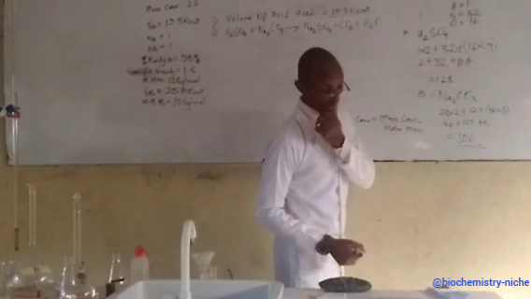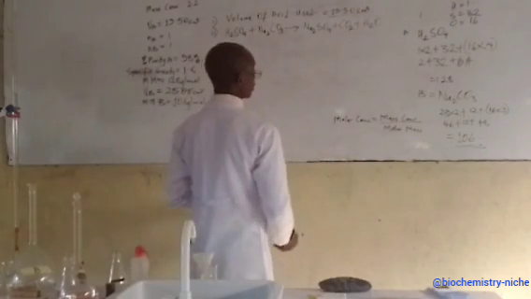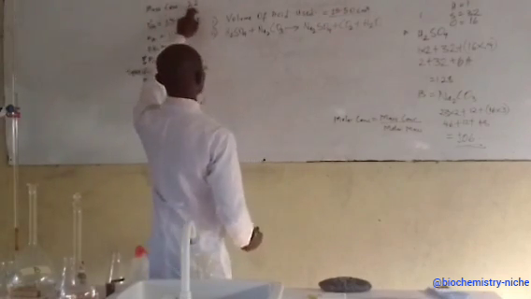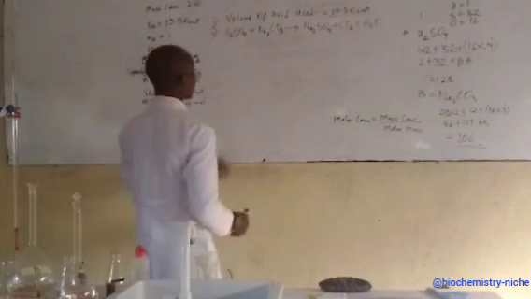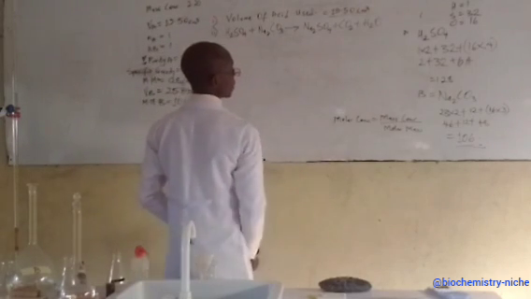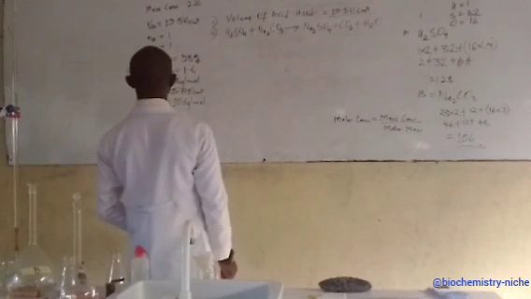So the question is now asking us to calculate the molar concentration of A. So we have the mass concentration to be 2.20. If we have the mass concentration to be 2.20, I think we will be able to get our answer.